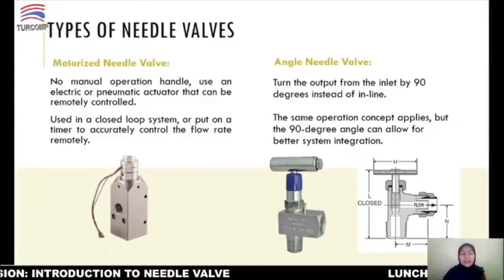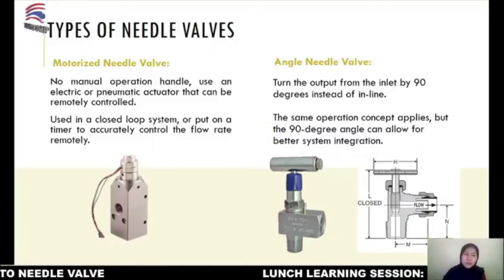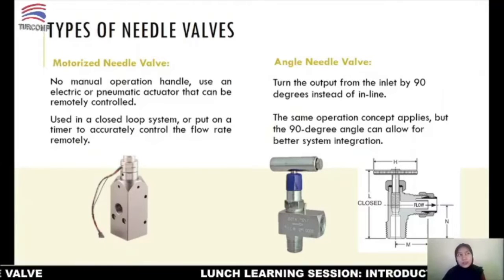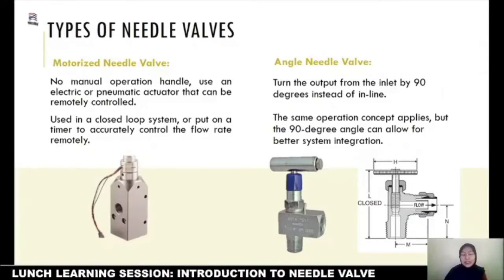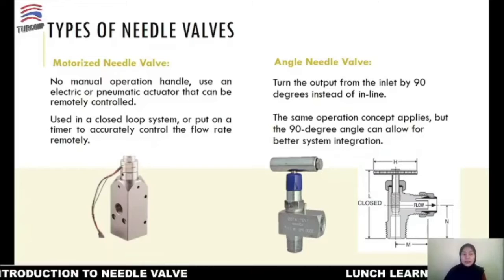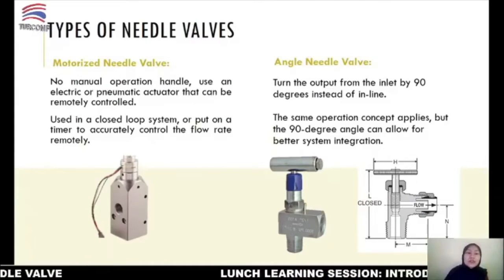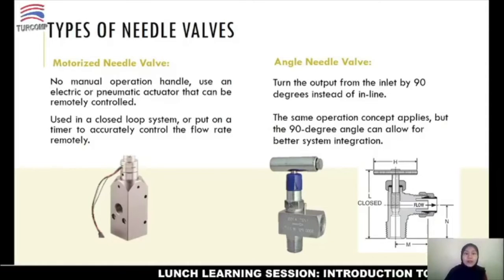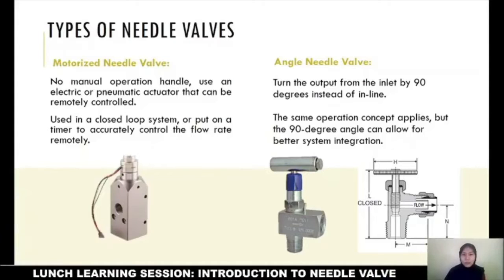It uses an electric or pneumatic actuator that can be remotely controlled, just like we always hear about actuator ball valve, actuator gate valve. It is the same concept, but because there is no handle, it is operated using the actuator. So it can be used in a closed loop system, where we can put on a timer to accurately control the flow rate remotely.